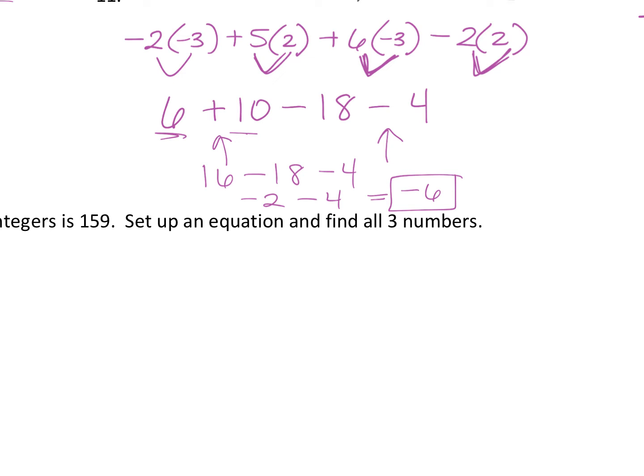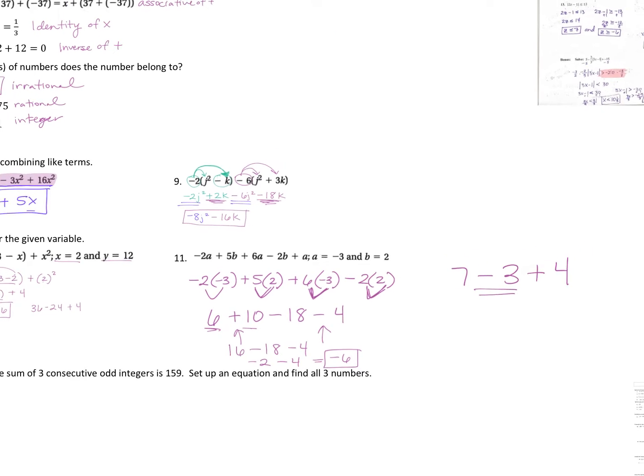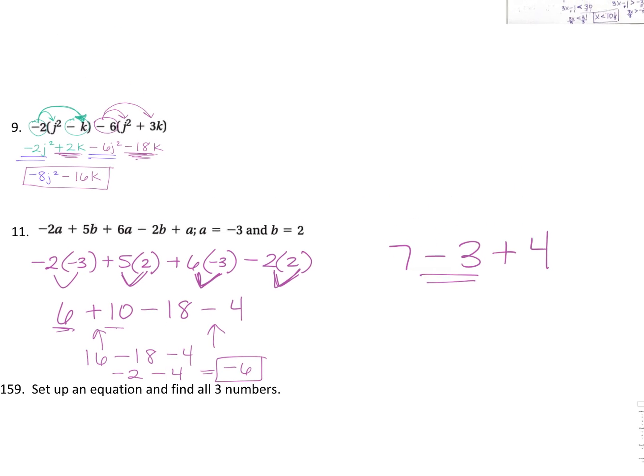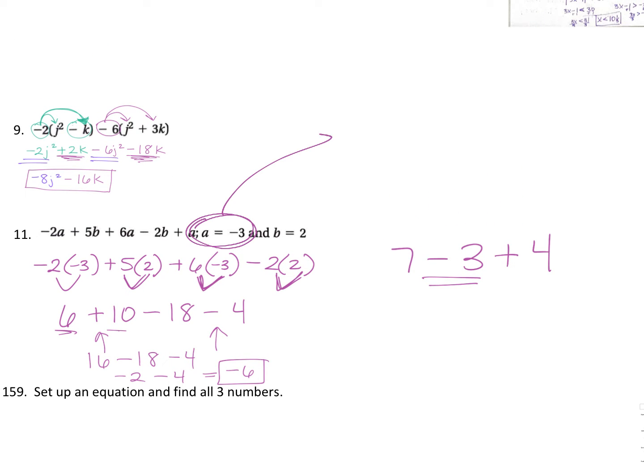Okay, left to right. Oh, one more thing. Here's a big hint for you. If A is -3, what's the difference between this and that? How do you treat them differently?